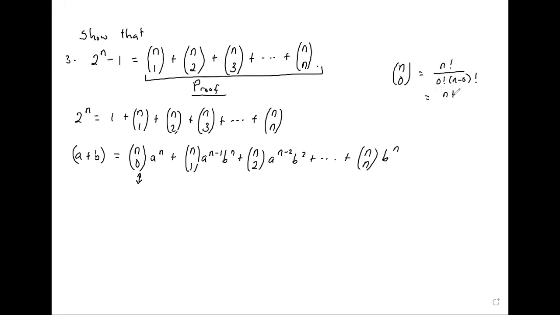This is n factorial over 0 factorial n factorial. But we said 0 factorial is 1. So we're remaining with n factorial over n factorial. This is just 1. Any number divided by itself is 1. So you can say the missing n choose 0 is actually 1.